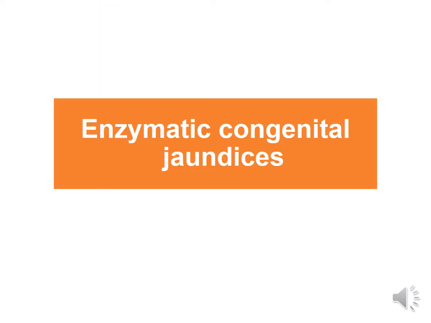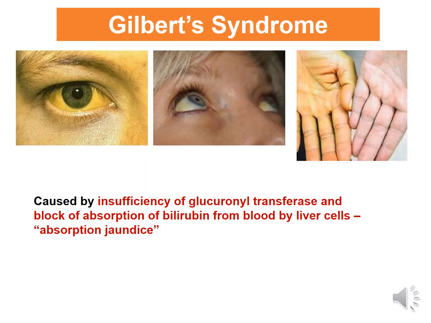And finally, enzymatic hereditary congenital jaundices. Gilbert syndrome is caused by insufficiency of glucuronyl transferase and block of absorption of bilirubin from blood by liver cells. It is called absorption jaundice.